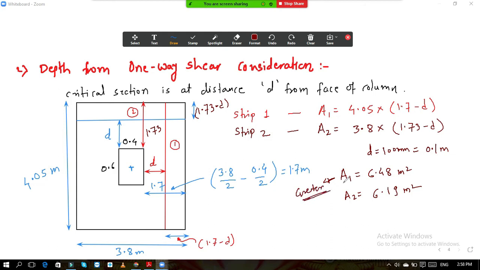Now if A1 is greater, then which strip should we consider? Strip number 1. So this strip we should consider for further calculation.